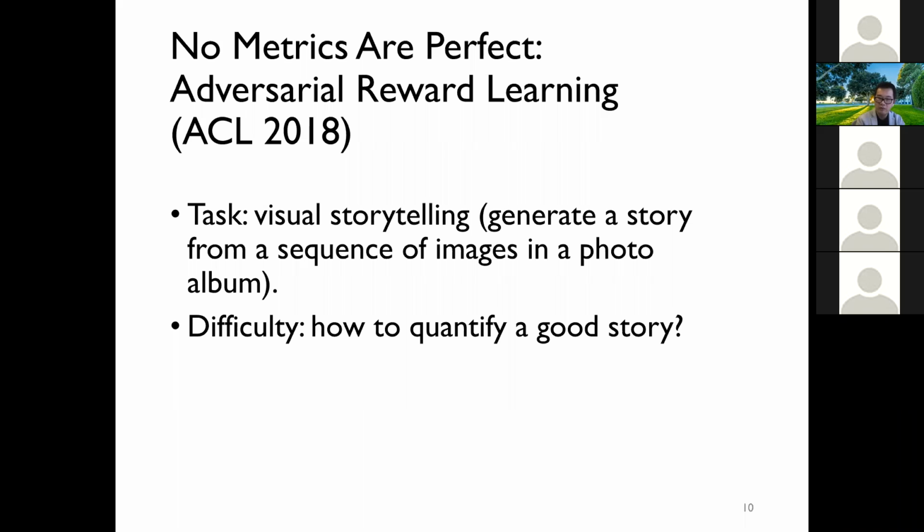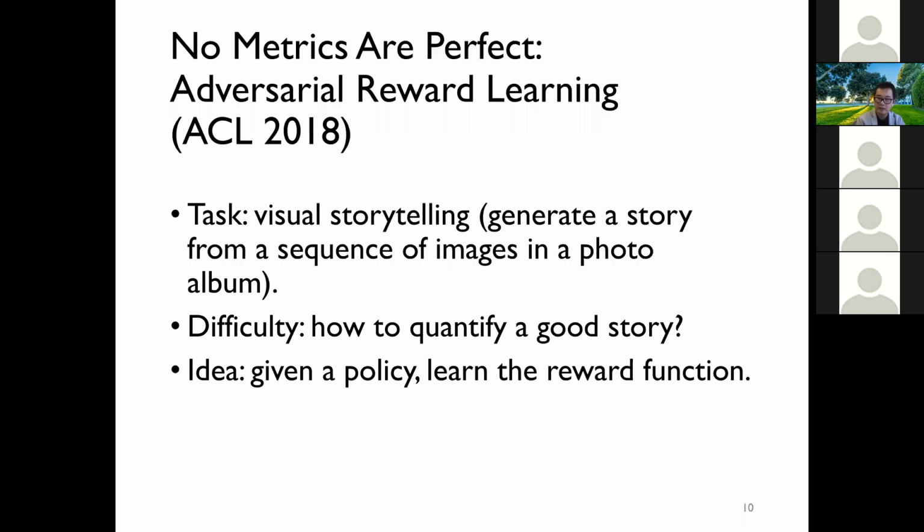So how do we actually learn a policy while learning the reward function? That's the important part, because it's not just your evaluation that is broken. Your training could also be broken when you see longer paragraphs. So when the task is to generate a long paragraph, we need to think about not just the evaluation, but also training.